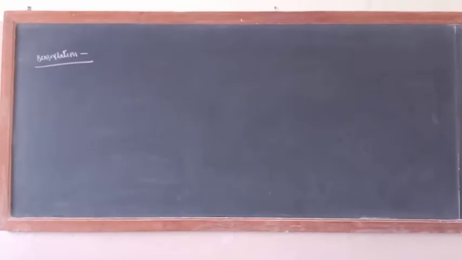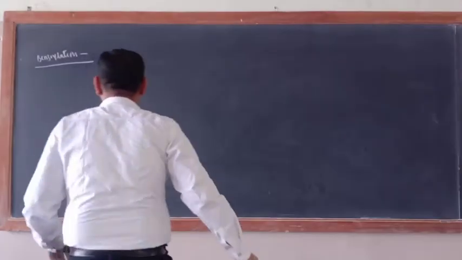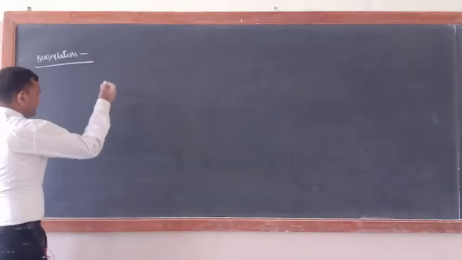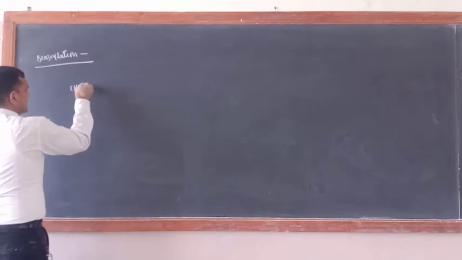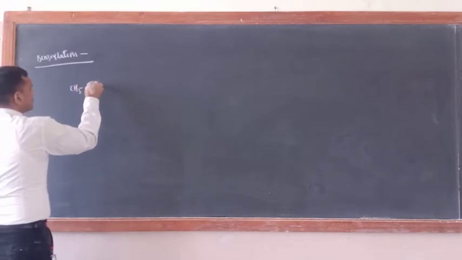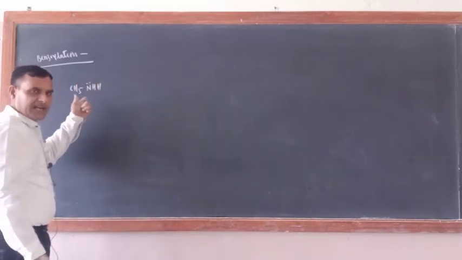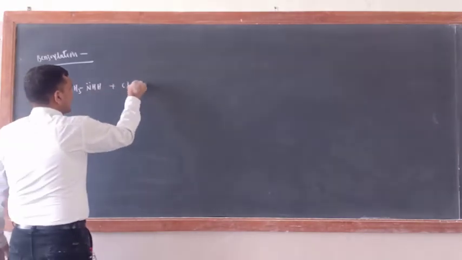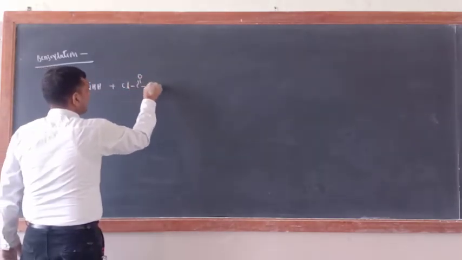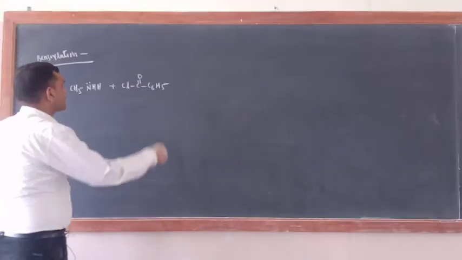Just see the benzoylation. With benzoyl chloride, you can take here CH3NH2. So instead of writing NH2, write NHH, plus Cl C6H5.